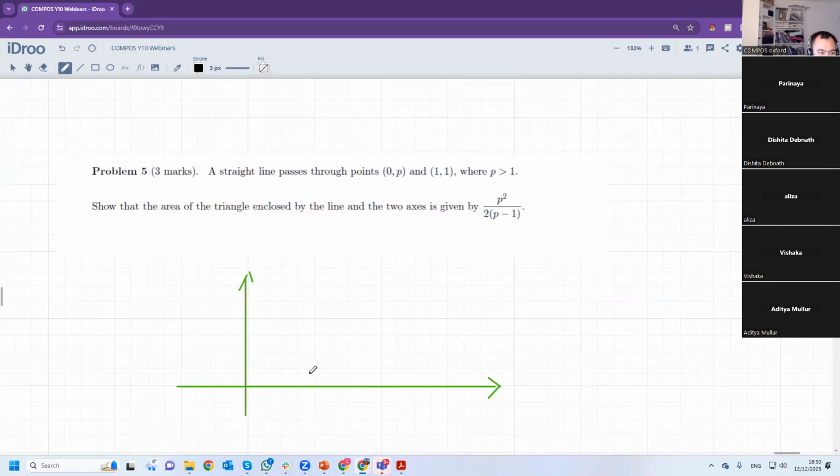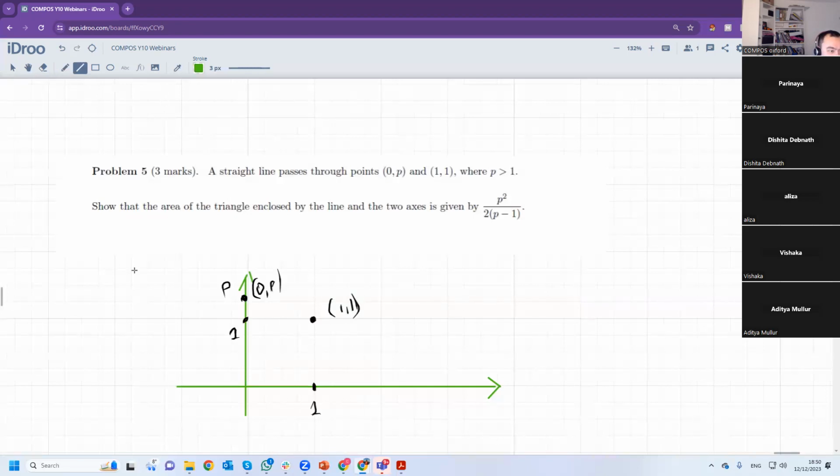So if this is 1, this is P. So this point is 0, P, and point 1, 1 is here.